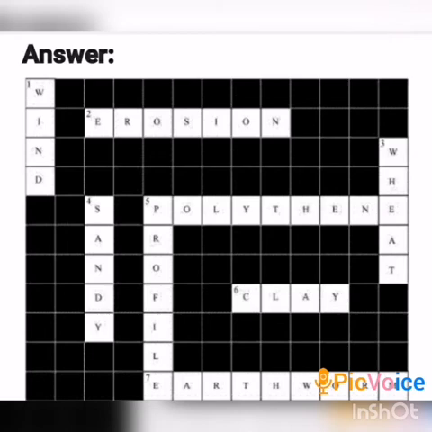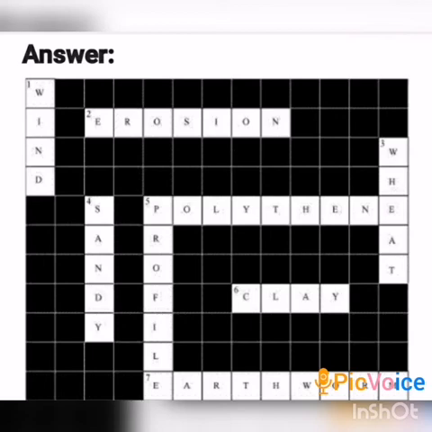Then 6, type of soil used for making pottery. Which is your favorite soil, children? Clay soil. Because it is used for making your favorite toys and pottery. So, the answer for across 6 is clay. Then 7, living organism in the soil.